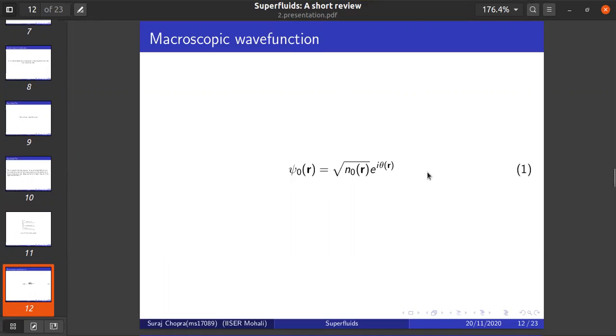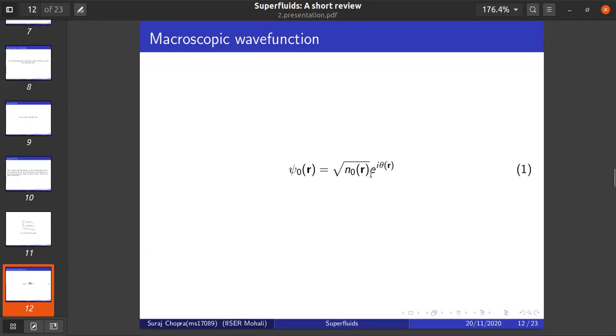Now, since all these particles are bosons, they form a single quantum state and move in unison, so we can talk about this macroscopic wave function which defines the state of all the particles, all in the same quantum state. In equation number one, you can see that psi 0 has an square root of n0 factor and an e to the i theta of r factor.